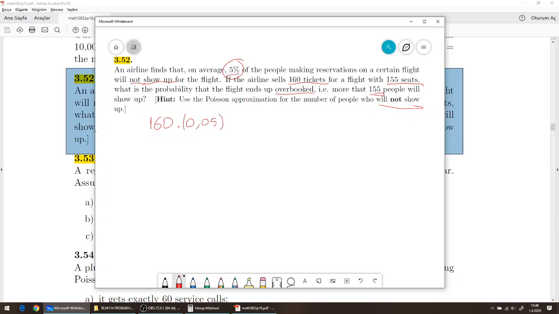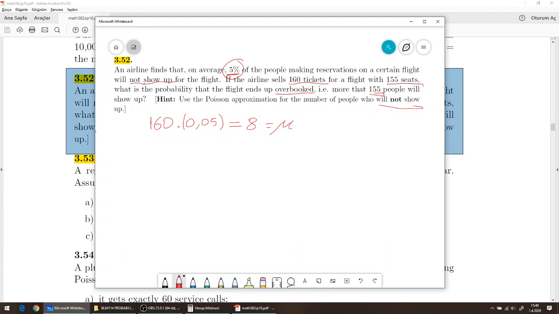Yes, it is the probability that the people will not show up, or it will give us the expected number, mean number or average number of people that will not come for the flight, and that is 8. That is our mu, okay? Expected number or mean number of passengers that will not come for the flight.